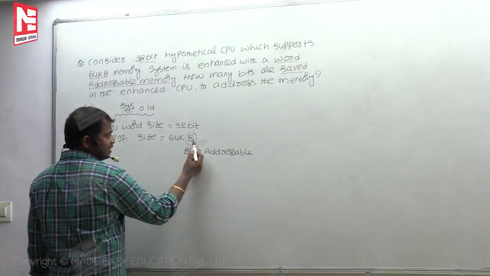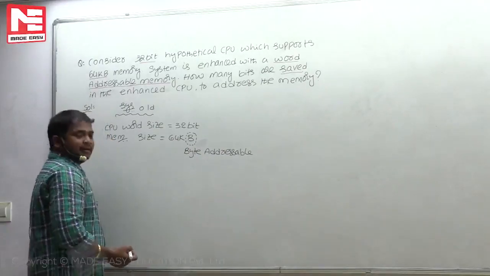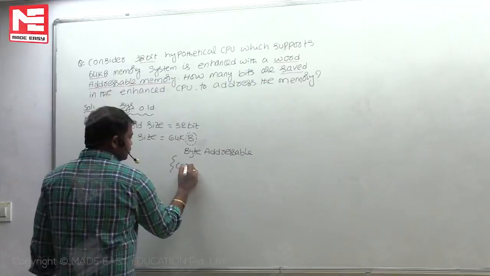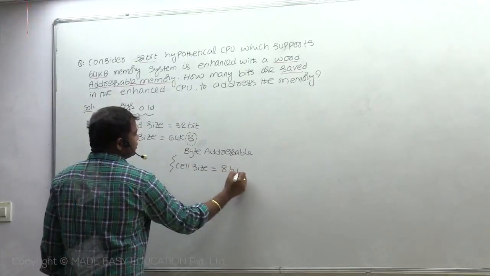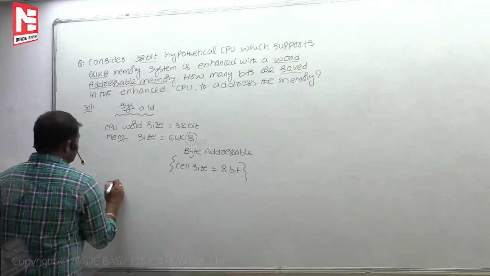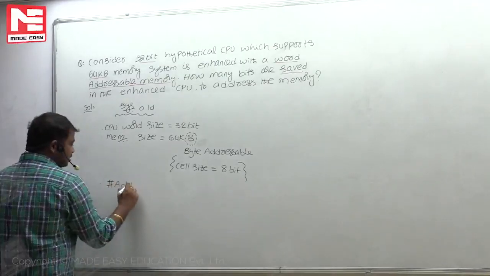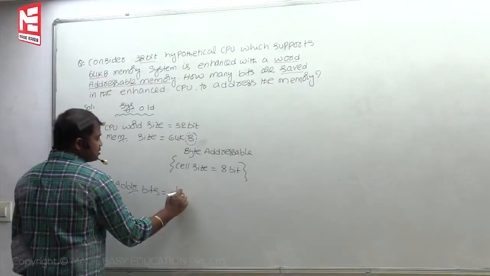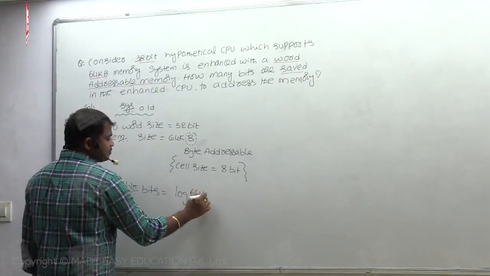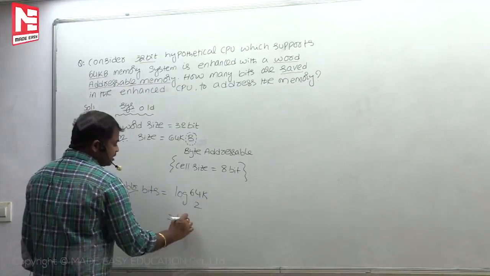Cell size is byte. Therefore, memory is byte addressable. Cell size equals 8-bit. Very good. So the number of address bits required to address the chip is log of 64 kilocells base 2, that is 16-bit address.